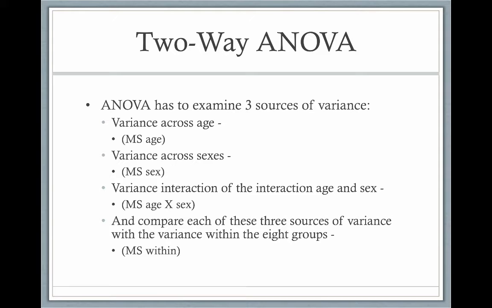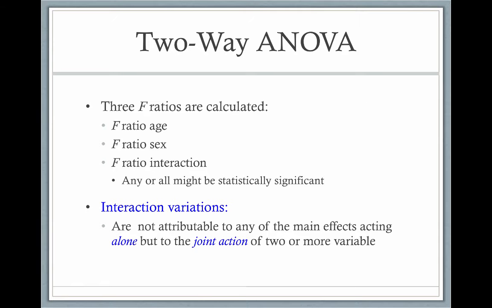So the 5-year-old males, the 5-year-old females, the 6-year-old males, the 6-year-old females. So now we've moved up to 8 groups. 3 F ratios are calculated: an F ratio for age, an F ratio for sex, and then the F ratio of the interaction. Any or all may be statistically significant.